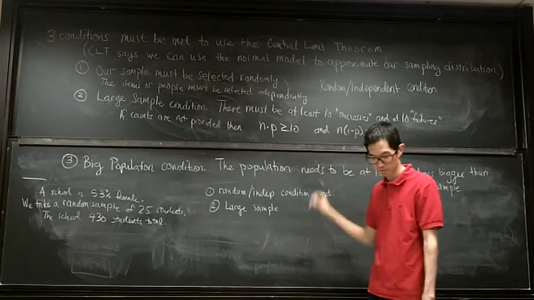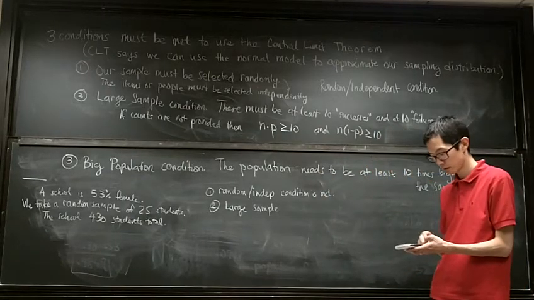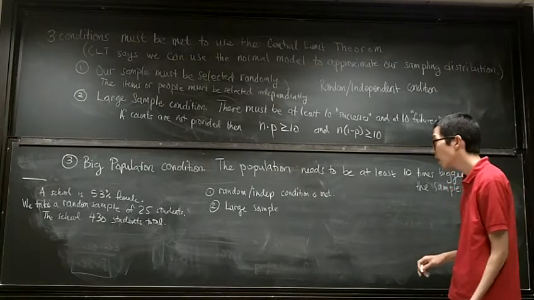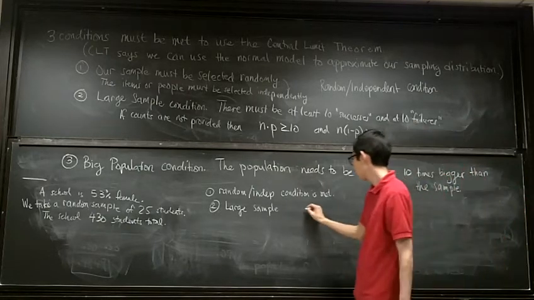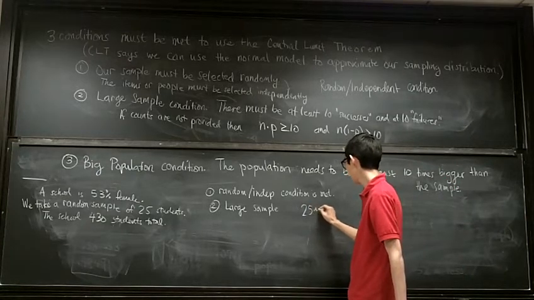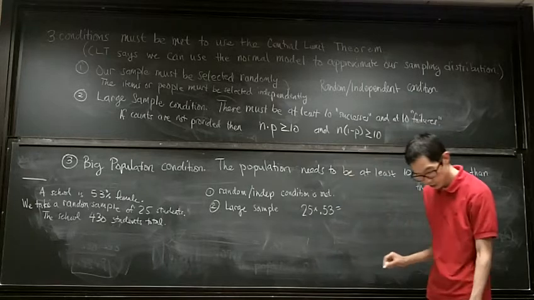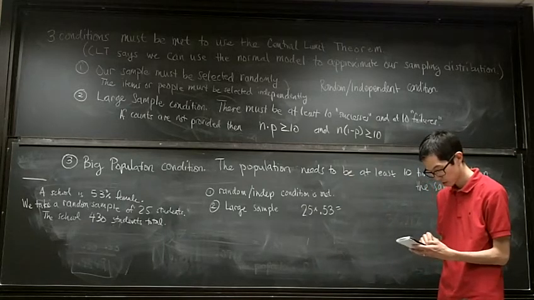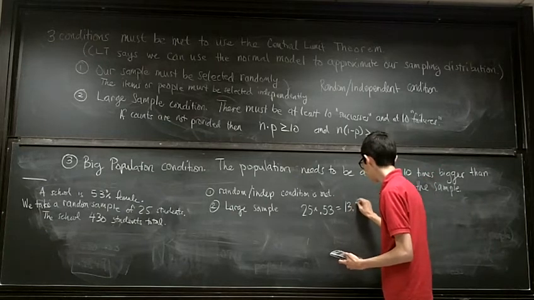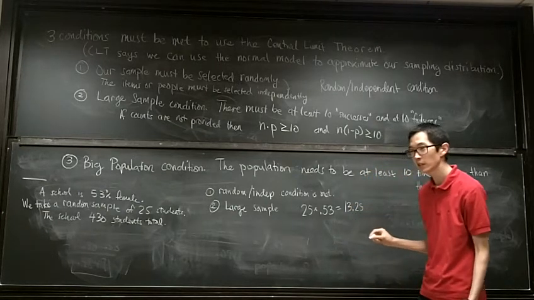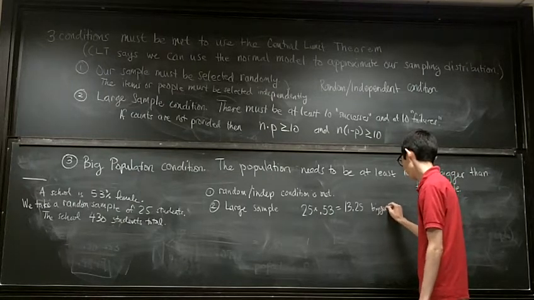How do I check that? 25 times 0.53 is equal to what? 13.25. Is that bigger than 10? Yes, bigger than 10.